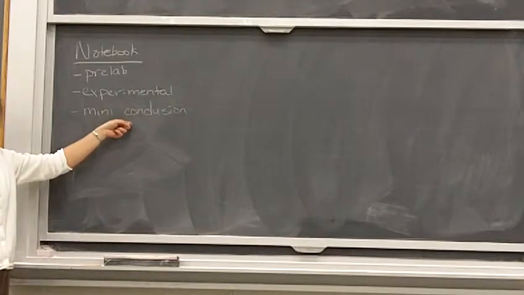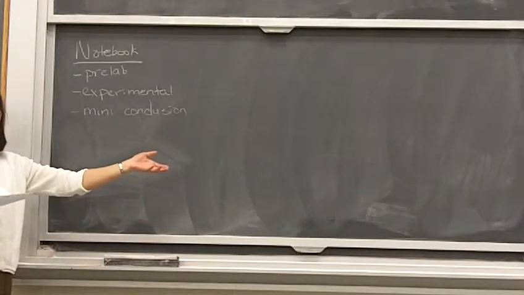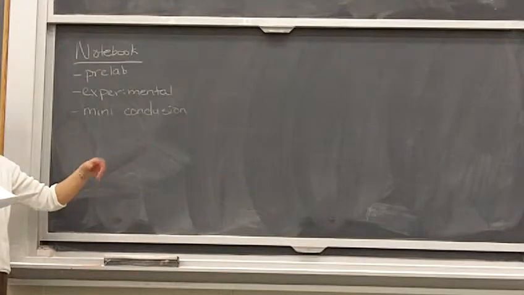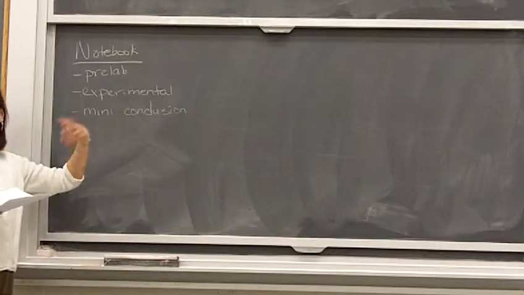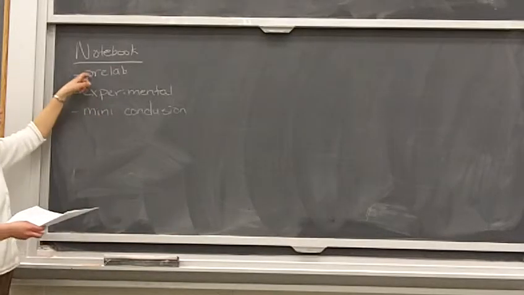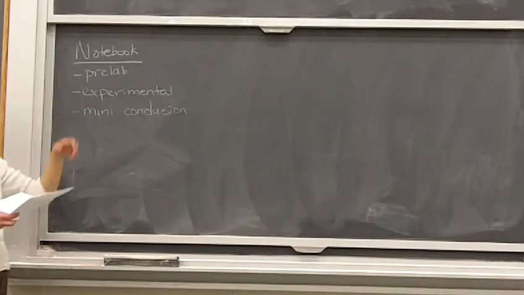So it's not a full conclusion, it's just a paragraph or 2 that summarizes the data, and you want to state, is it okay that you go on to part C, or are there issues that need to be addressed before you go on to part C, okay? Or at the end of part C, what were your conclusions for just part C, okay? So these 3 parts need to be in part B and part C, okay?